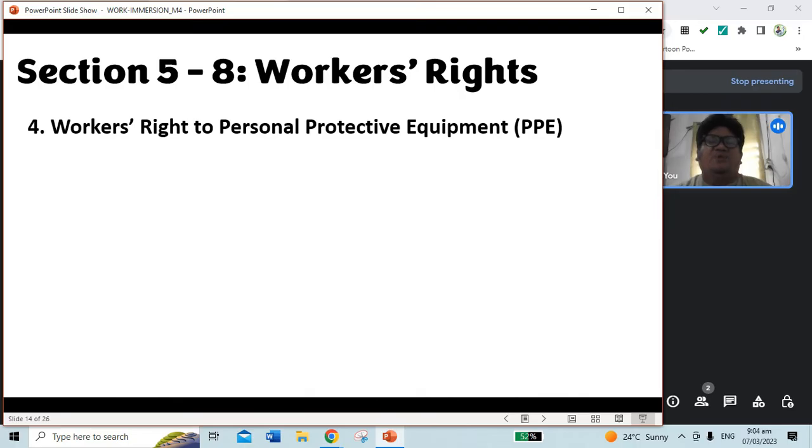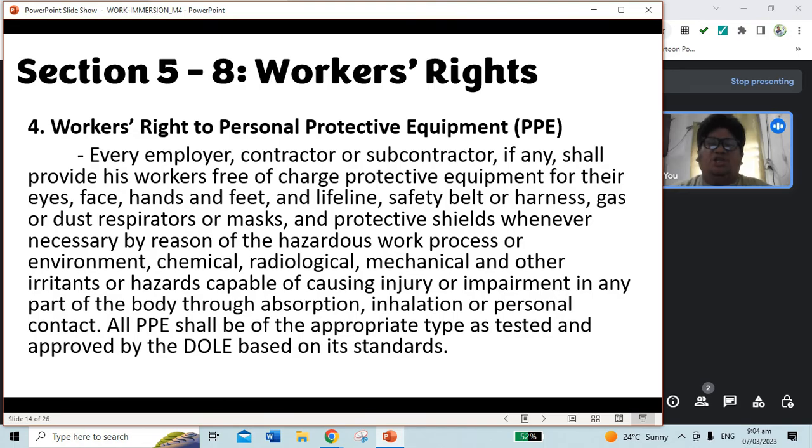Another one, workers' right to personal protective equipment or PPE. Every employer, contractor, or subcontractor, if any, shall provide his workers free of charge protective equipment for their eyes, face, hands and feet, and lifeline, safety belt or harness, gas or dust respirators or masks, and protective shields whenever necessary by reason of hazardous work process or environment, chemical, radiological, mechanical, and other irritants or hazards capable of causing injury or impairment in any part of the body through absorption, inhalation, or personal contact.